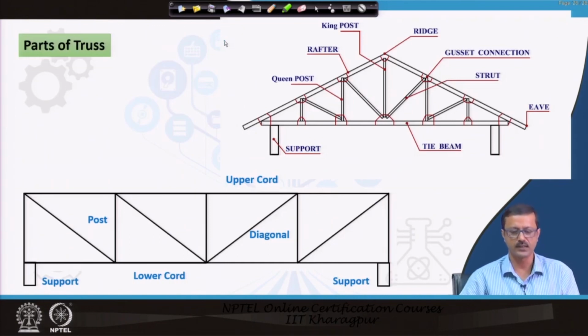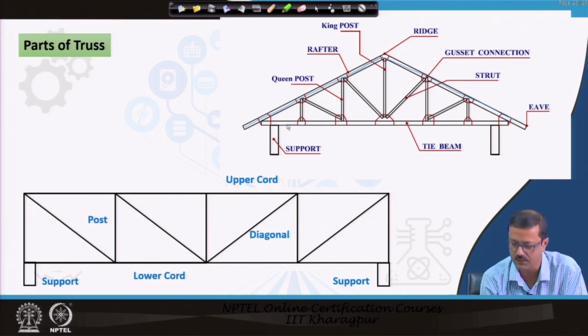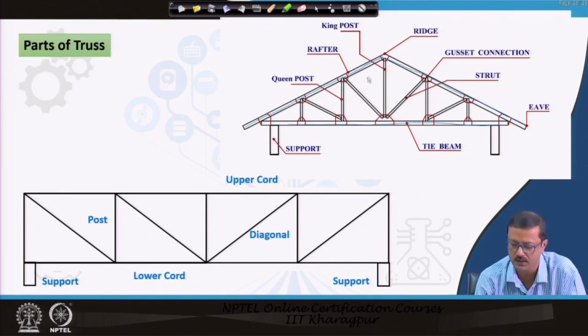So, the various parts of the truss. If you see an inclined truss, these two are called the rafters, and this is the tie beam. So, the tie beam and the rafters give you the first big triangle, and this triangle will be subdivided into smaller triangles by posts.